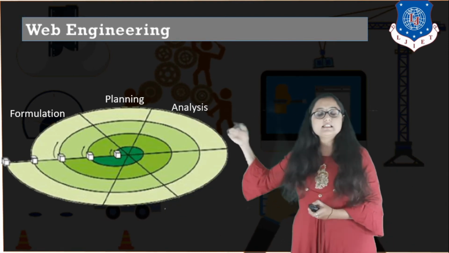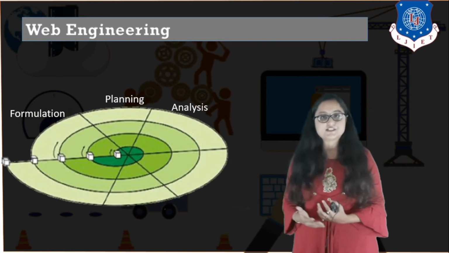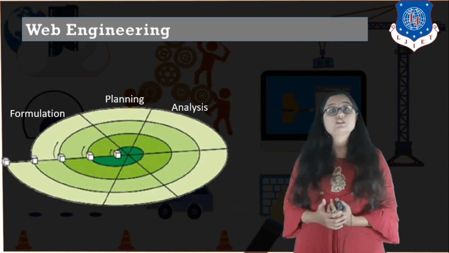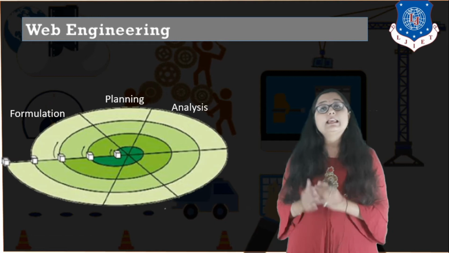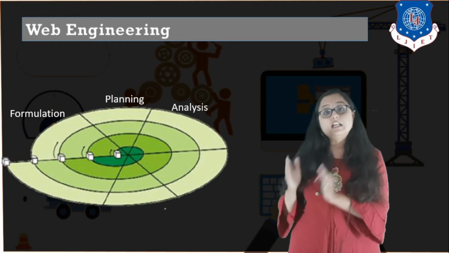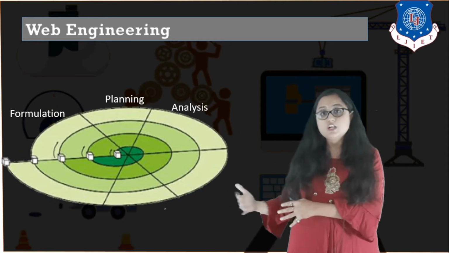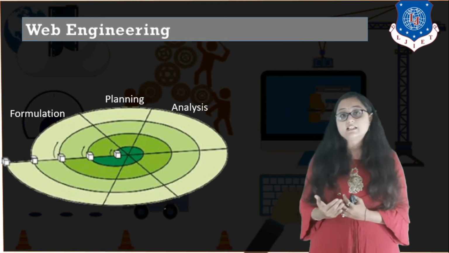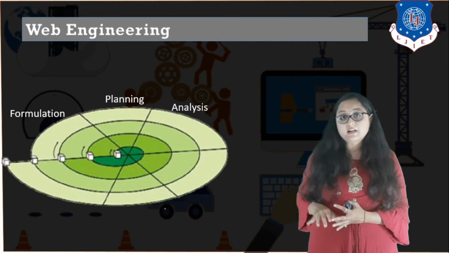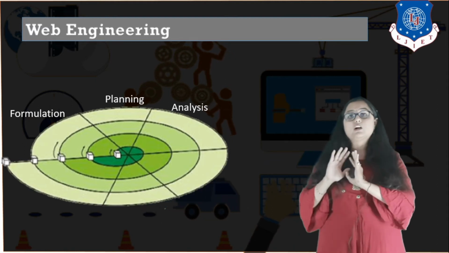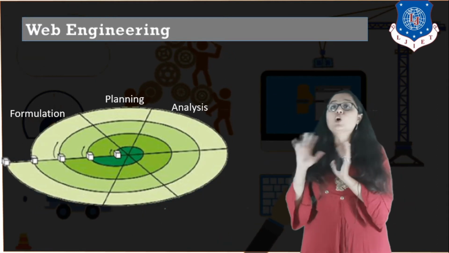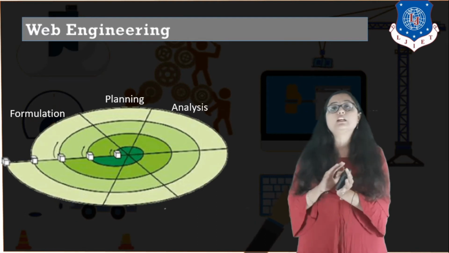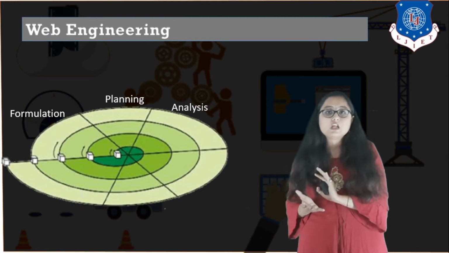The next phase is known as the analysis phase. In the analysis phase, you will analyze everything that is related to the web application, starting from the requirements of the client, that is, what functionalities you have to accommodate. There will be a proper outlook that a client wants, so you will decide what sort of outlook we will apply.